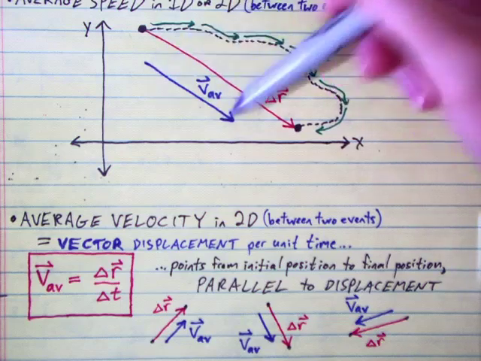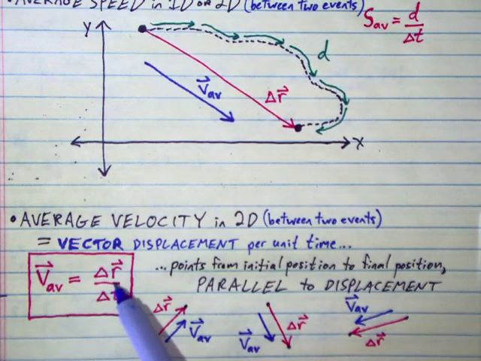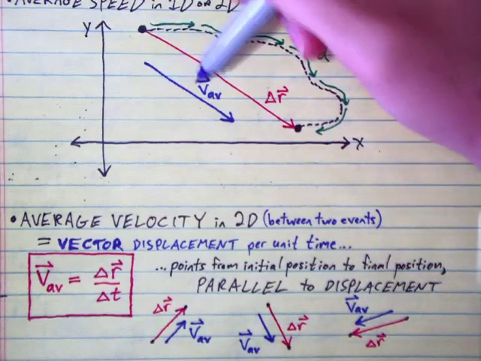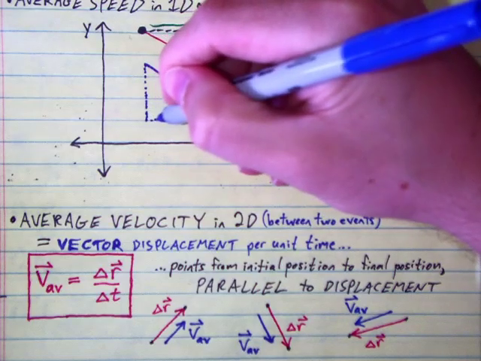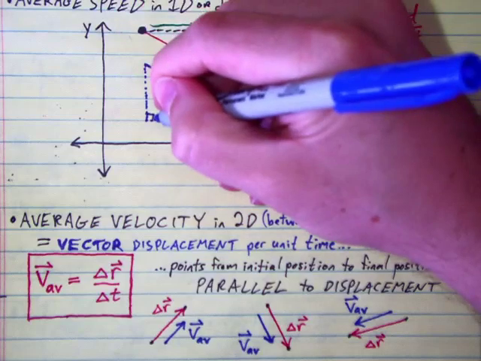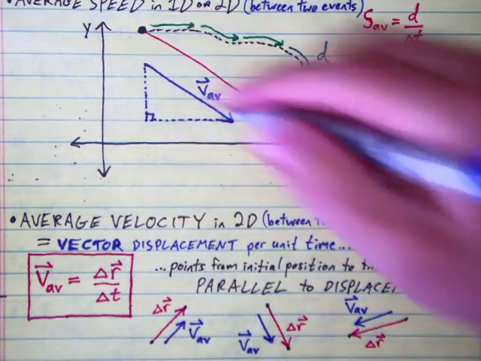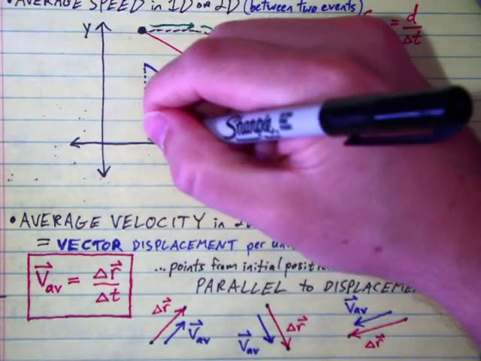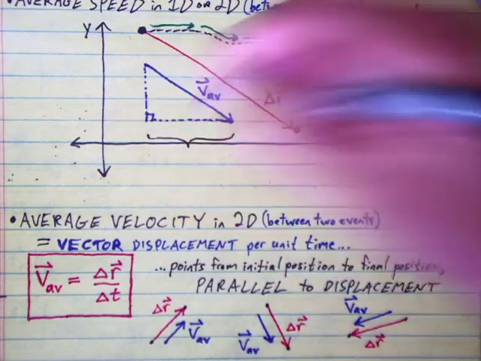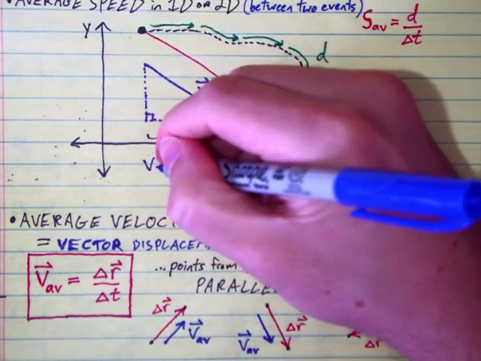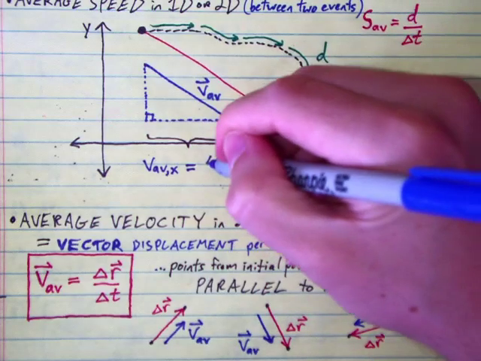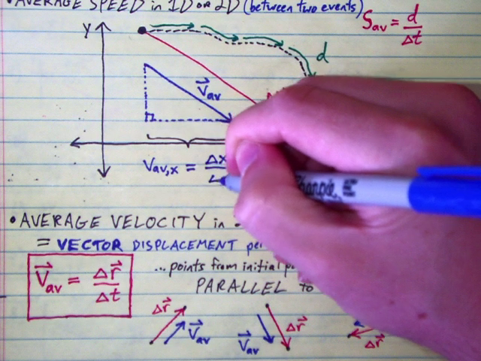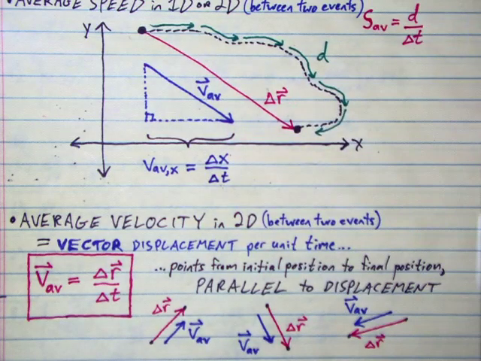Okay, let's look at this in more detail. We can't really use this equation as it is because it's in terms of vectors. We're going to have to separate it into components in order to use it. So our average velocity here we could break up into components by making the arrow the hypotenuse of a right triangle. And this side is our x component of the average velocity, v average, comma x, and that is just what's familiar from 1D, the change in x position over the change in time.